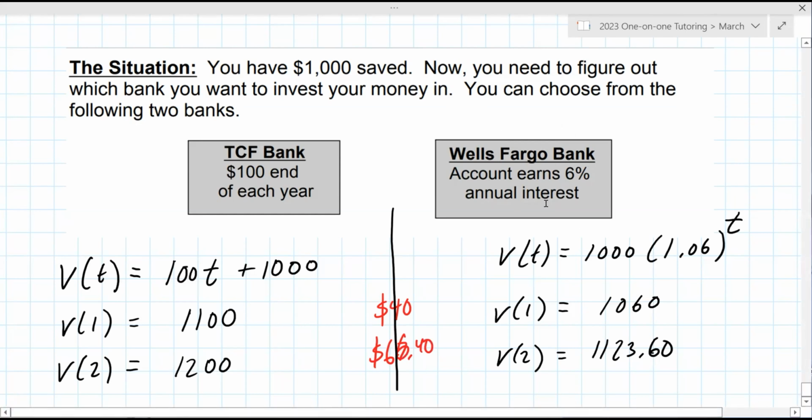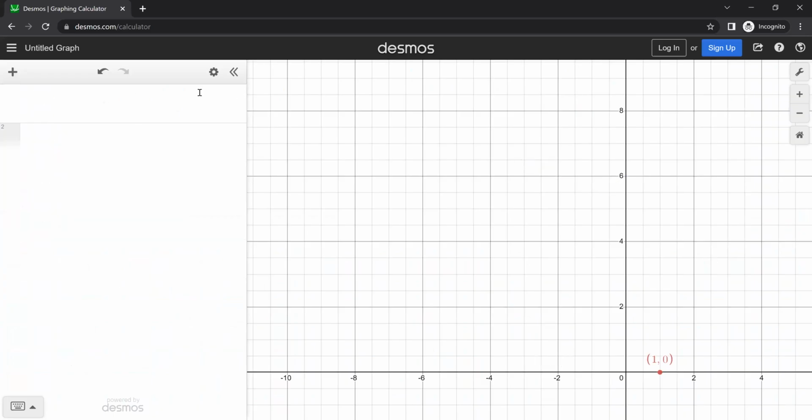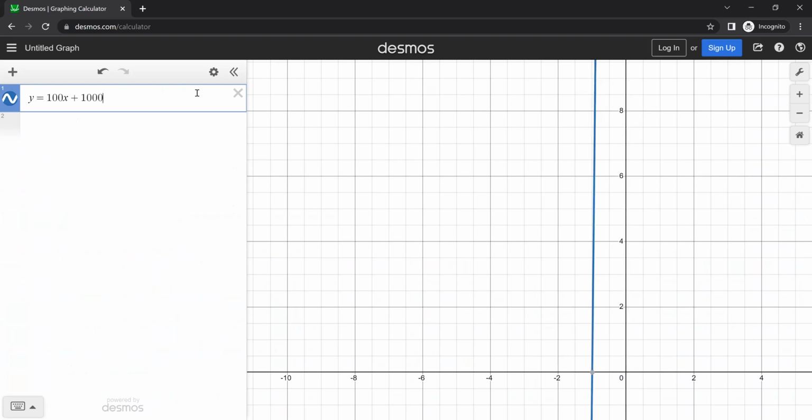Do you think that this will ever catch up? Yes, it should, because growth functions do end up doing that. So let's go look at that. Let me clear out what I had here. So the scenario is y equals 100x plus 1000.